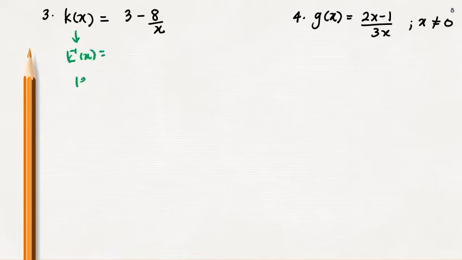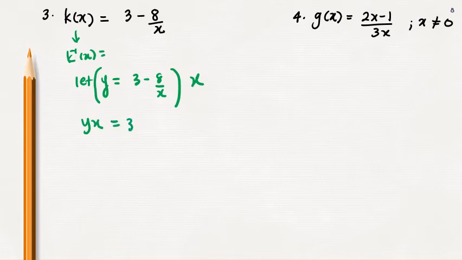So, kita kena let y equal to 3 minus 8 over x. So, this one, kita kena matikan fraction ni. Nak matikan fraction number ni macam mana? Kena times dengan denominator dia. Denominator dia adalah x. So, kita kena times dengan x. So, kita akan dapat yx is equal to 3x minus 8.